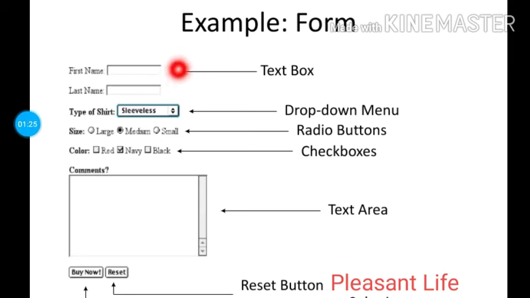These two things are also called text boxes, and this one specifies a drop down menu to select an item in the list, and this one has three radio buttons, so select only one. This one is a checkbox to select more items, and this one is a text area for the user to put a lot of information in this field, and two buttons.